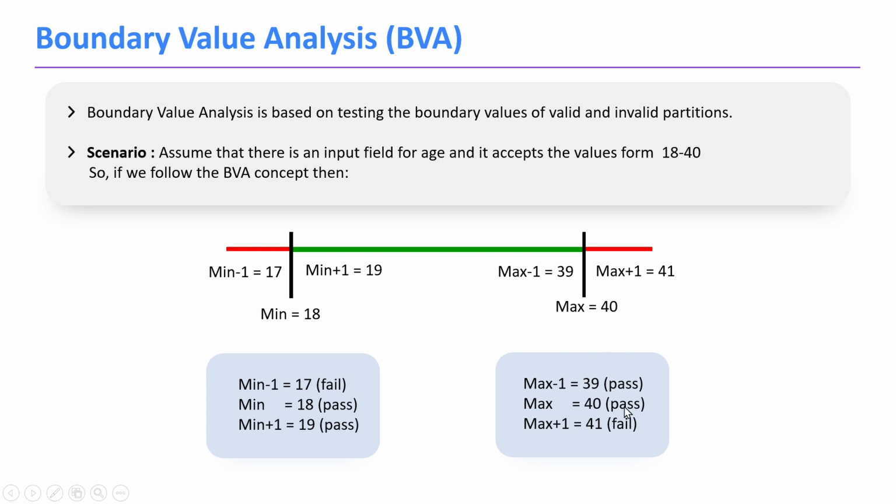And the maximum value, which is the boundary value, is 40. That is also accepted by the age field. And max +1, which is 41, should not be accepted by the age field because that is the invalid partition of the boundary. So in boundary value analysis, we check the boundary, and along with the boundary, we check the boundary +1 value and boundary -1 value.